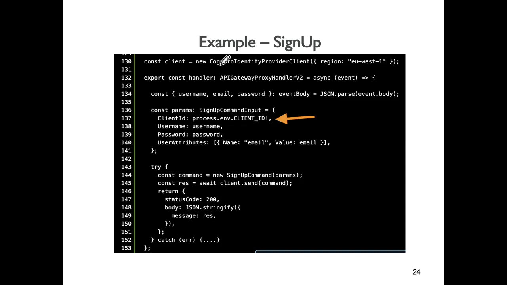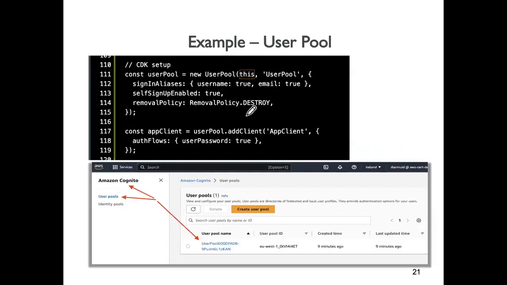This is the Cognito SDK client. Here we're just extracting the data from the body of the request. This is a sign-up request, and so the body contains the username, the user's chosen password, and the email that they want to use associated with this account. Here we are creating a sign-up command object with properties. The first property is a reference to the Cognito user pool client. This here is a reference to this guy here.